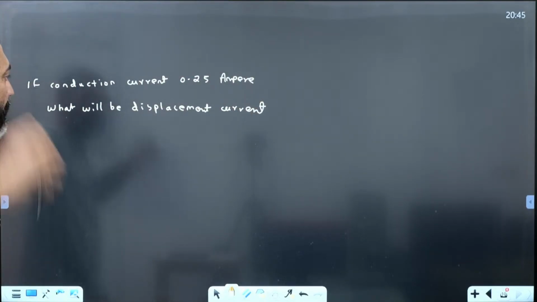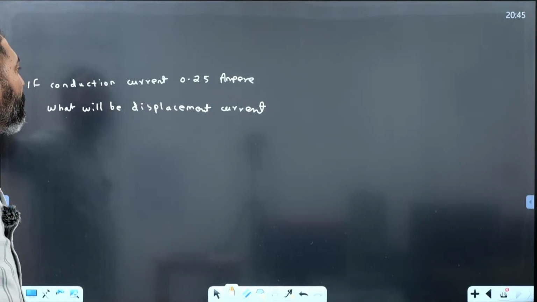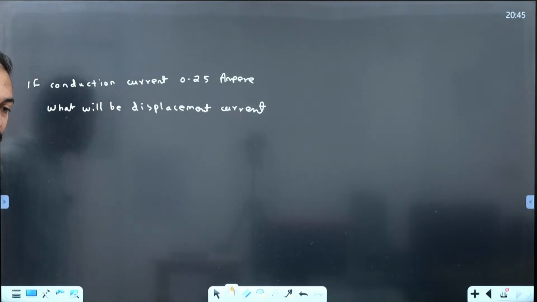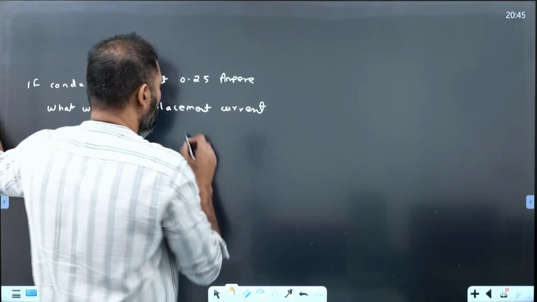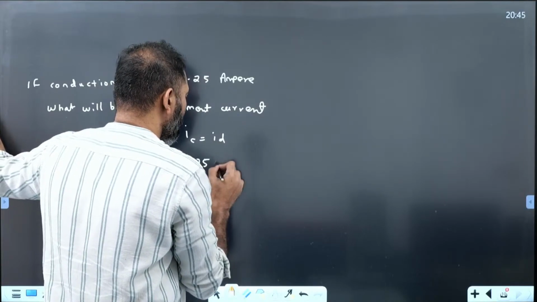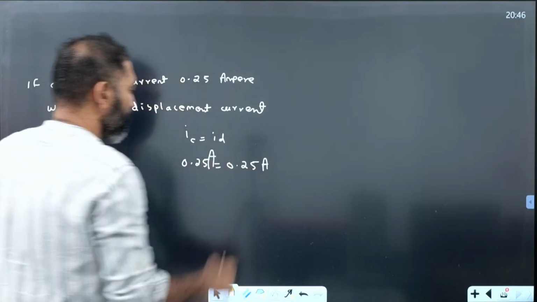Can anybody say? Please type your answers. Conduction current is given. They are asking for displacement current. What will be your answer? Yeah, same, because conduction current is equal to displacement current. Conduction current is 0.25 means displacement current is also 0.25 ampere. Any doubt?